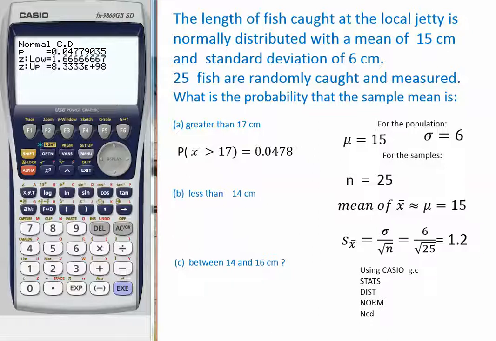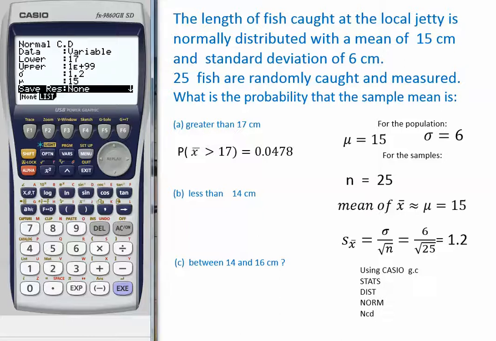Now for this one, less than 14, we go back and we put in our data. Now, less than 14, so our lower value is going to be the lowest number we can put in our calculator, negative e to the 99. The upper value here is 14.